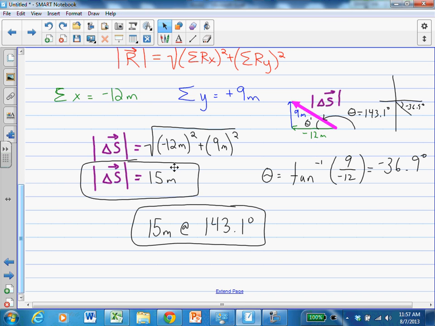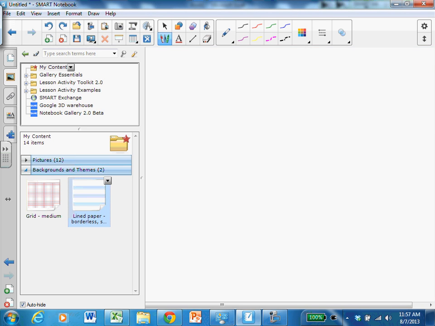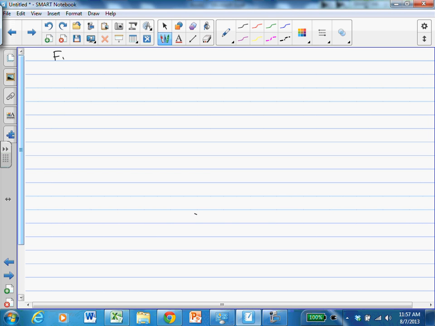So we're going to find the sum of the three vectors, A, B, C. A is 75 meters at 70 degrees.